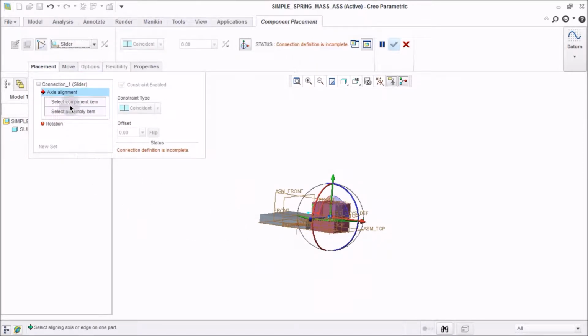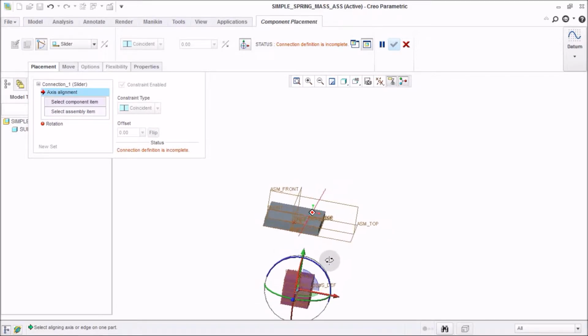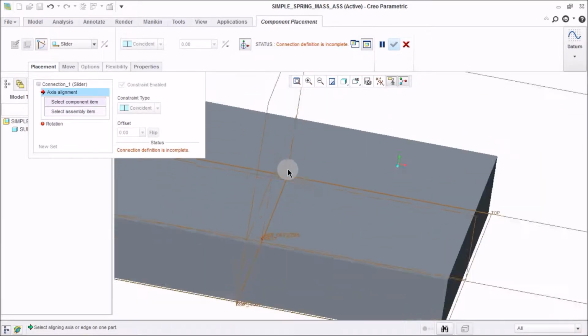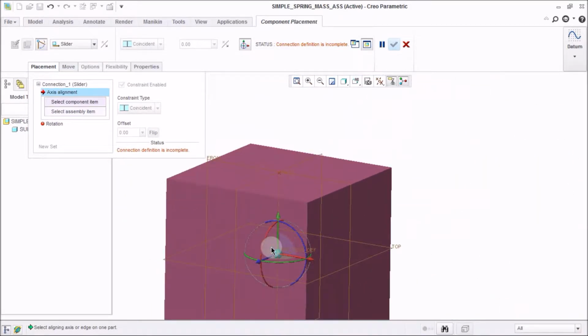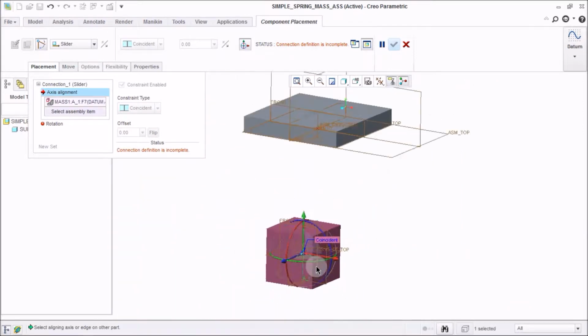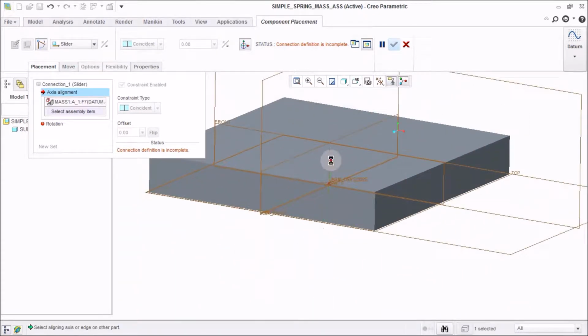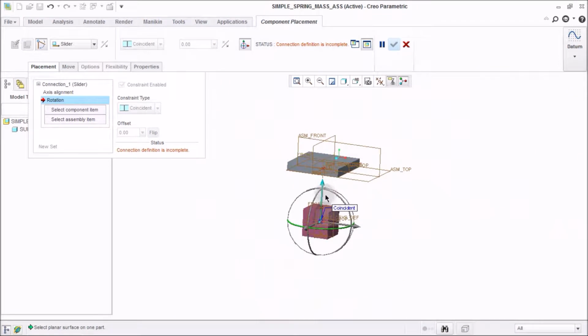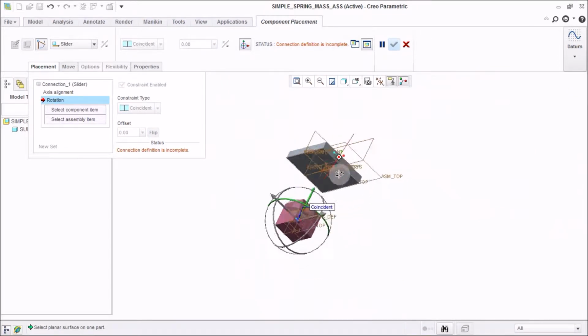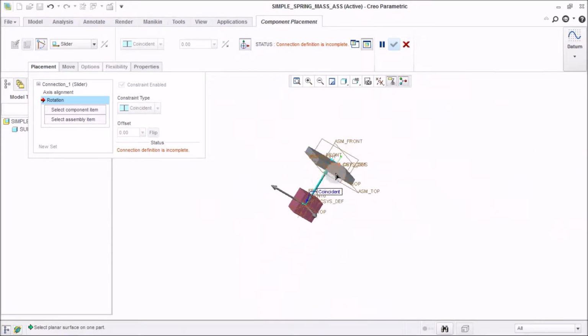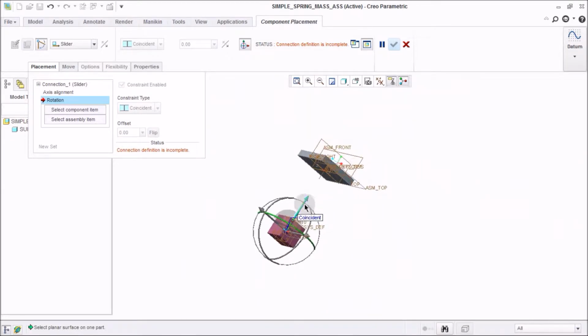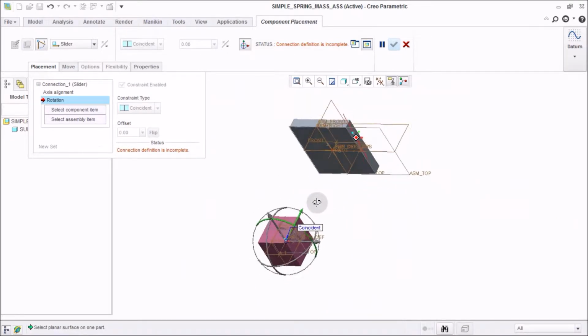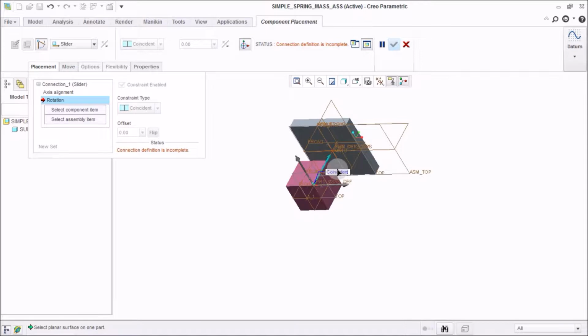The software asks for axes, so we select two axes. Let's say the first axis is this mass axis, and the second axis is this fixed support axis. So we configure it such that this mass is aligned with the axis of the assembly.